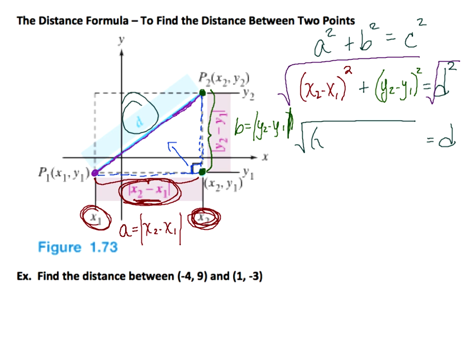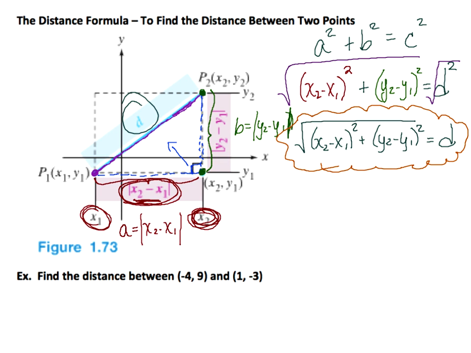Square root of x2 minus x1 squared plus y2 minus y1 squared. That is your distance formula in the orange cloud.